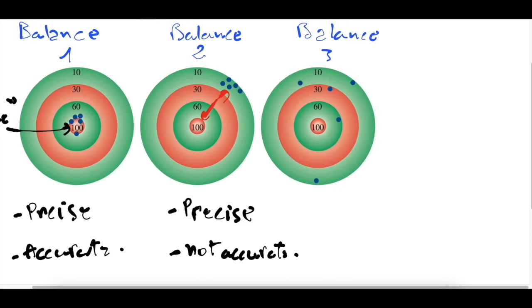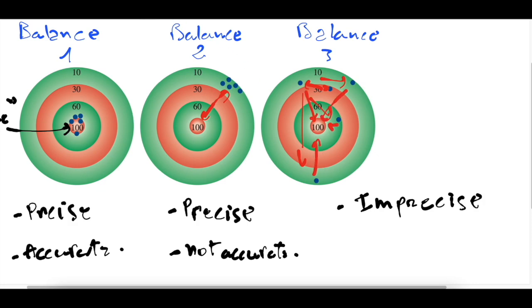With the third balance, we can notice that each value is far from the other values. So here we can notice easily that balance 3 gave an imprecise, or not precise, result. And if we evaluate the accuracy, we can also notice easily that the distance between each value and the true value is not close.